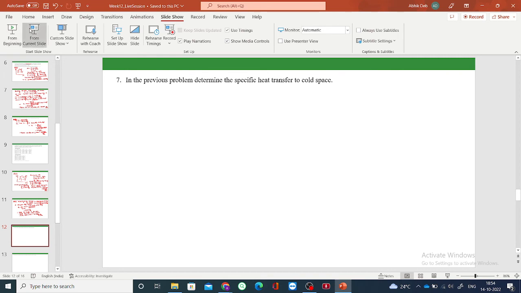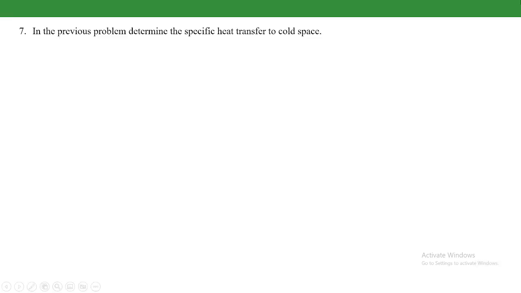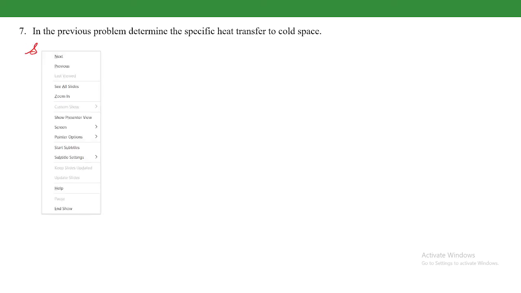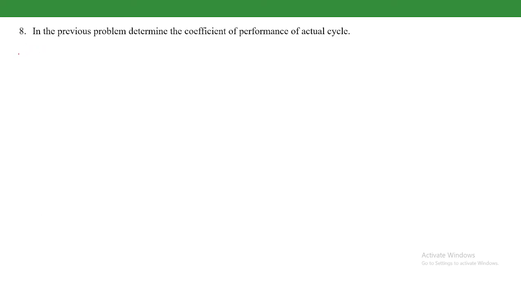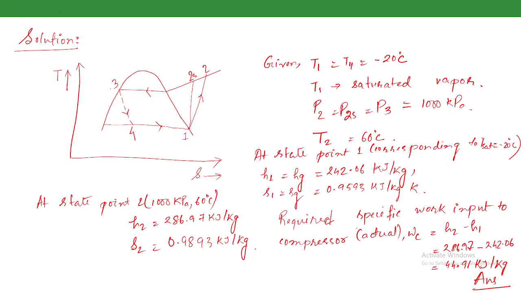Okay, so the next part of the problem. In the previous problem, we had to determine the specific heat transfer to the cold place. Now you see, 3 to 4 is a throttling device, an expansion process.